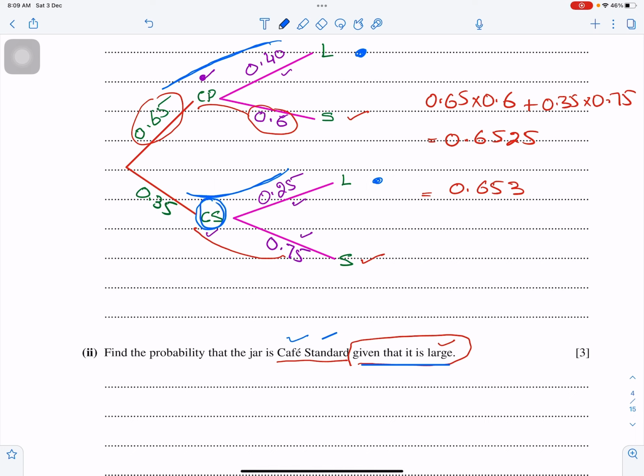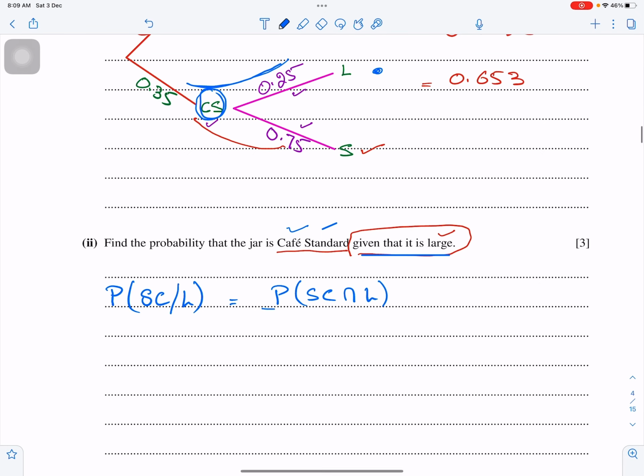So first of all, if I write it in the notation of statistics, I will write probability of Standard Cafe given that it is large. So what does it mean? Probability of Standard Cafe intersection with large, divided by probability of large.